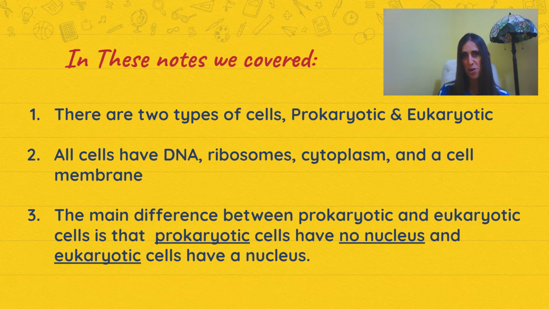All cells have cytoplasm, and all cells have a cell membrane that allows things to come in and out of the cell. The last thing that we learned is that the main difference between prokaryotic cells and eukaryotic cells is the absence of a nucleus in prokaryotic cells and a nucleus in eukaryotic cells.